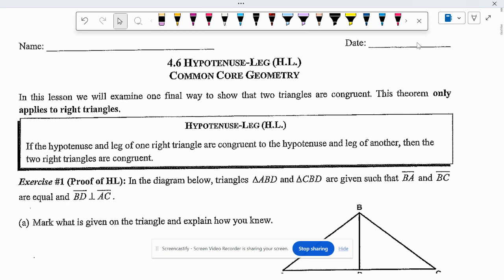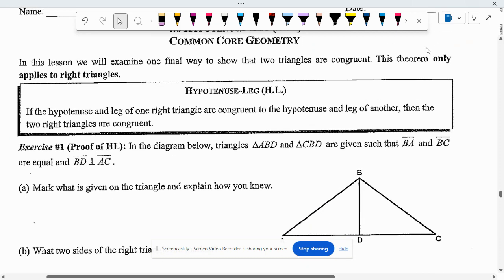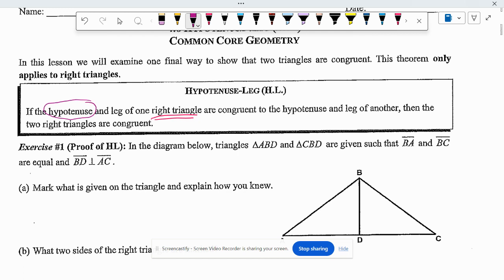So the hypotenuse leg theorem says this: if the hypotenuse and the leg of a right triangle are congruent to the hypotenuse and the leg of another, then the two triangles are congruent. So there are two things that you have to have. You need to show that the hypotenuse, it's actually really called hypoteni.